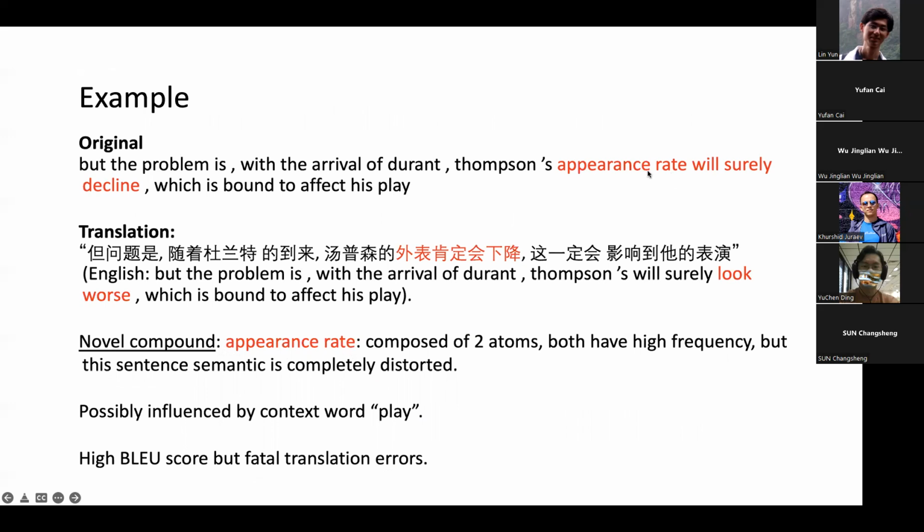So here it is appearance rate, but in the translated sentence it is look. So they think this novel compound is composed of two items, and both words have high frequency, but the sentence semantics is completely distorted. So that's the issue. They have a high BLEU score, but a fatal error here.